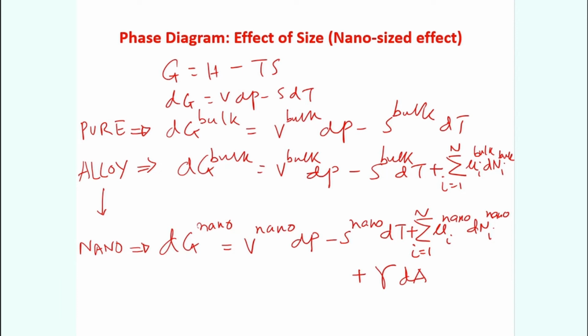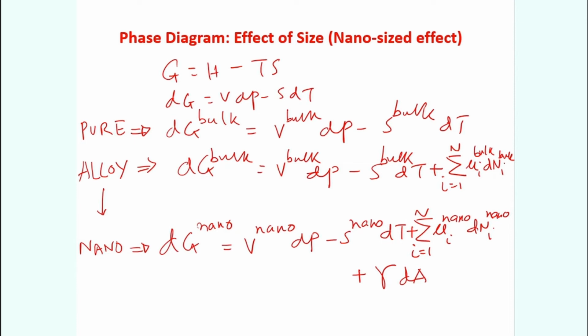Size multiplied by that. Okay, but gamma is independent of anything, we always assume. That is why it is gamma dA, otherwise it should have been gamma dA plus A d gamma, but because we are assuming gamma to be constant in all the calculations so far, we can ignore the d gamma term. Okay.